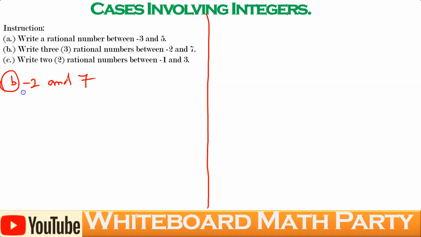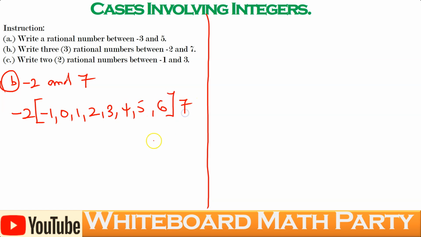So I'm going to begin by listing out all the numbers that fall between -2 and 7. So -2 is at the extreme left. The numbers that can fall in between are numbers such as -1, 0, 1, 2, 3, 4, 5, and 6, while the number 7 comes outside.